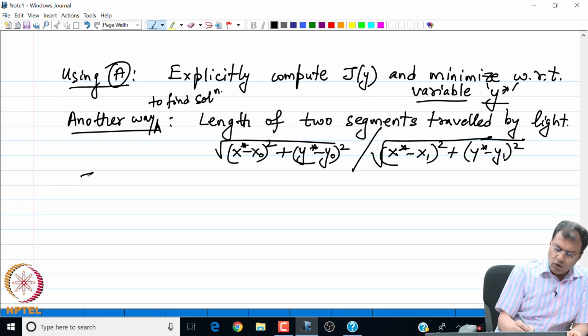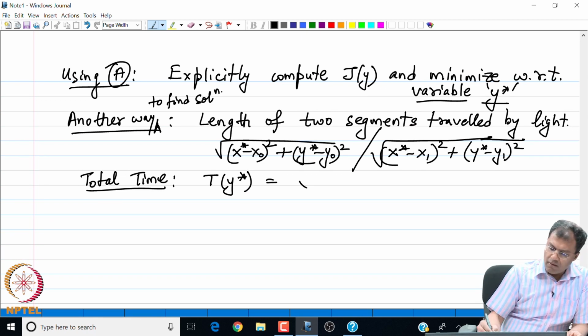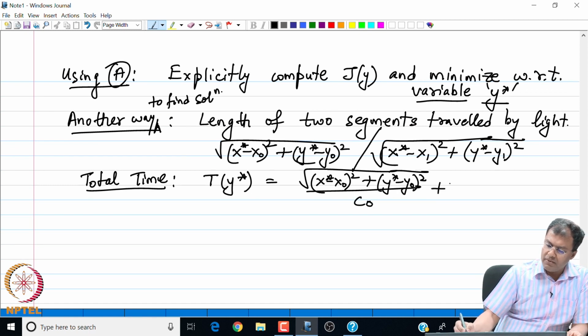Which means the total time taken by the light travelling from point x 0, y 0 to x 1, y 1, which is a function of y star, an unknown parameter, is the total path length divided by the speed of light in each of the media.